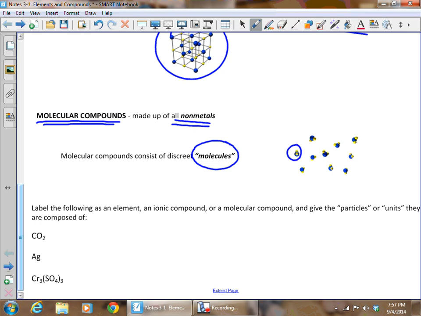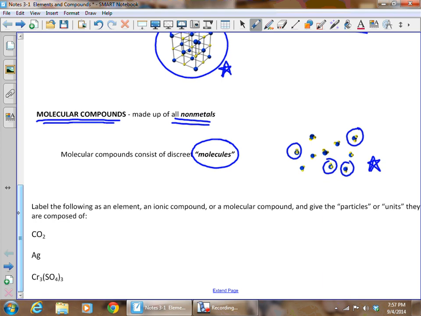So I could go up here and very quickly circle and count the number of molecules of water. This is a good example of the water molecule up here. And you can see the difference between the lattice structure of an ionic compound and the molecular structure of a molecular compound.